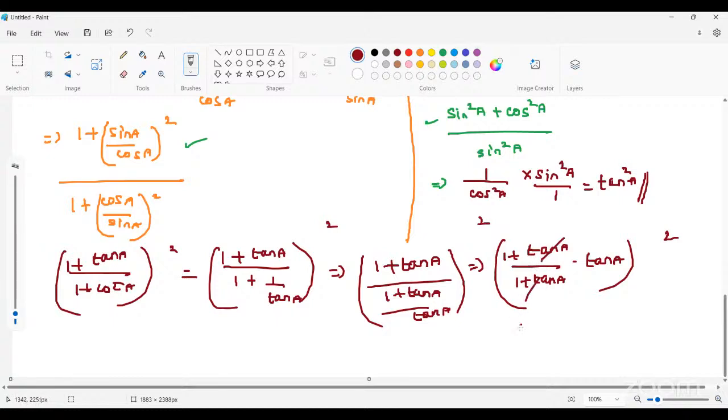So this gets cancelled, and we get the answer as tan square A. So thus we have proved both as the right hand side.